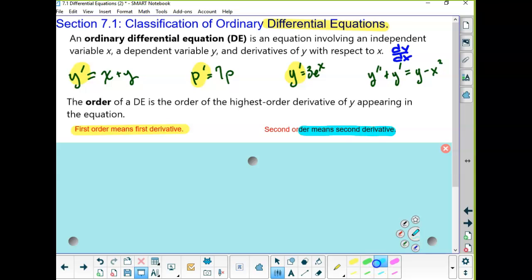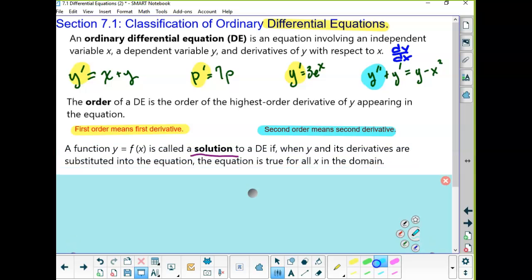But what if I look at a second order derivative? Well, the last equation that we have written has the highest derivative in it is a second derivative, so that would be called a second order derivative. You don't really need to have a strong connection to that. I just want to make you aware of it.